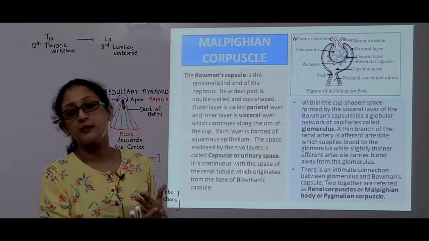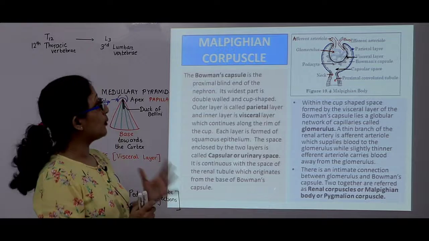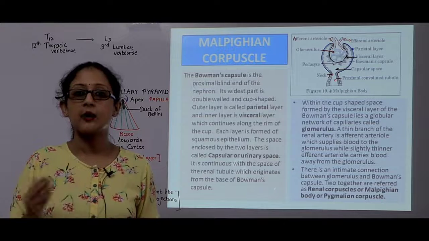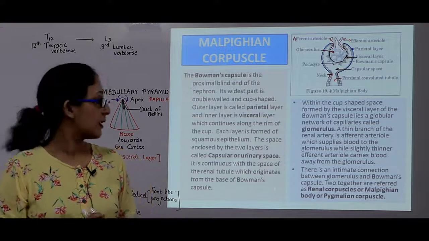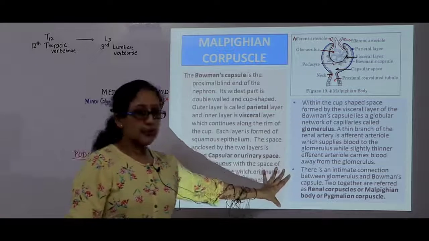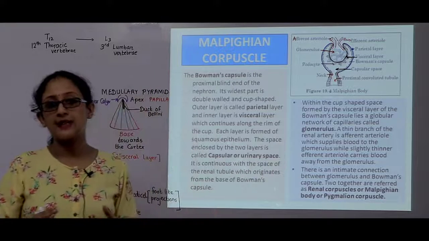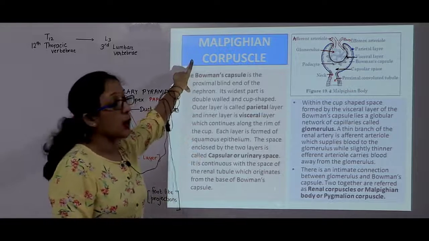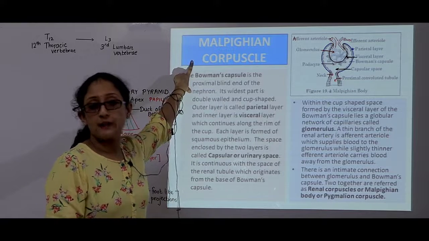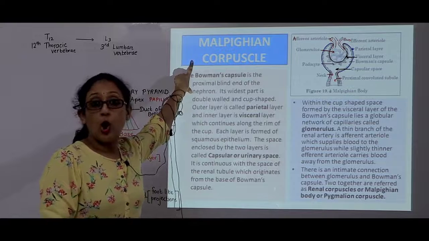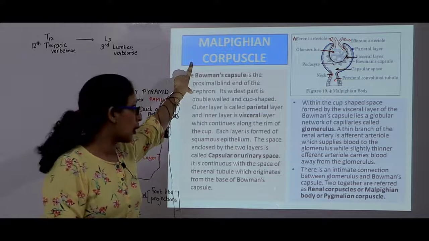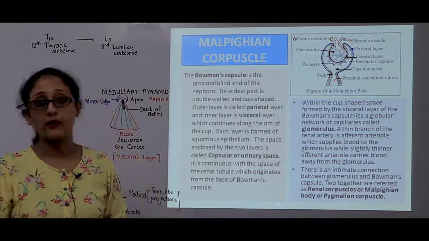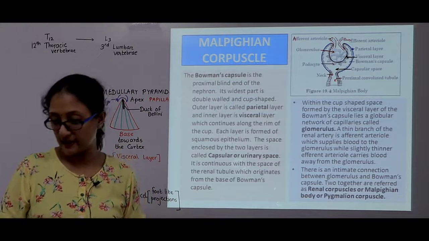With each heartbeat, more and more fluid accumulates in the glomerulus. This causes an increase in hydrostatic pressure. There is an intimate connection between the Bowman's capsule and the glomerulus. This connection is called the Malpighian corpuscle, the renal corpuscle, or the Pygmalion corpuscle. So we have completed the structure of the Malpighian corpuscle.